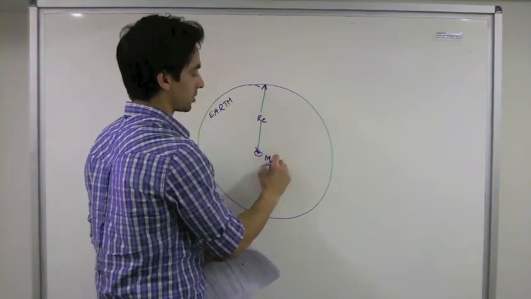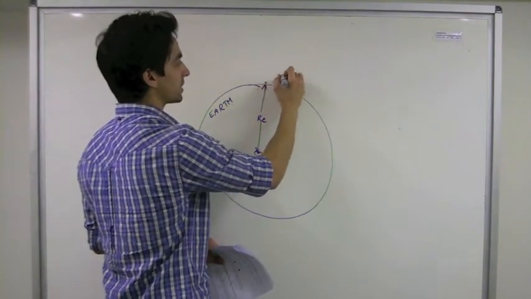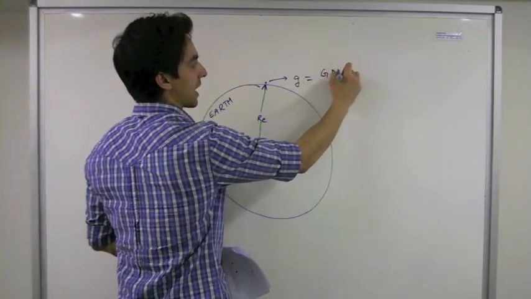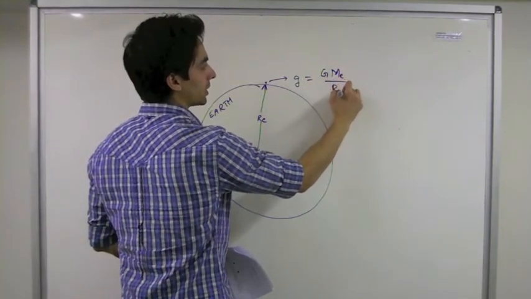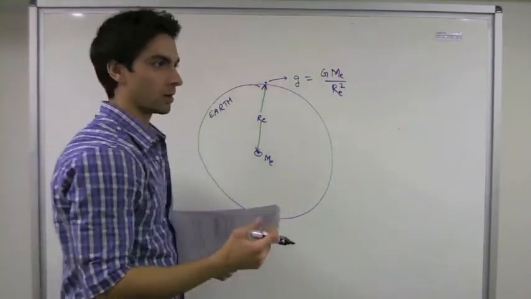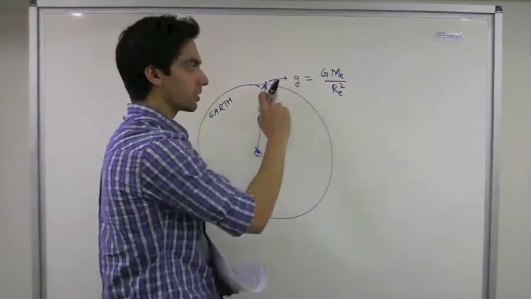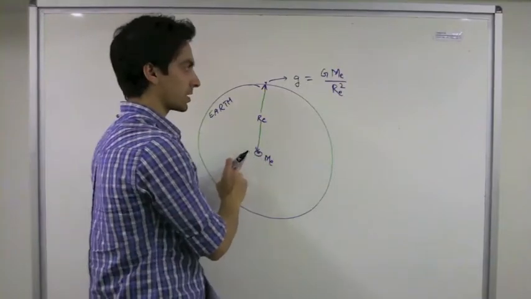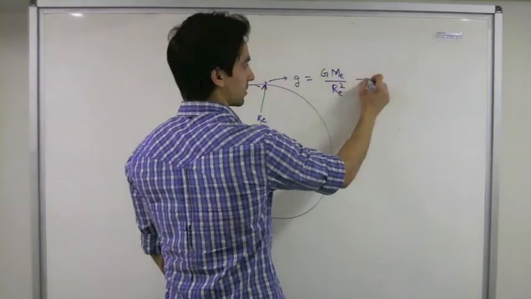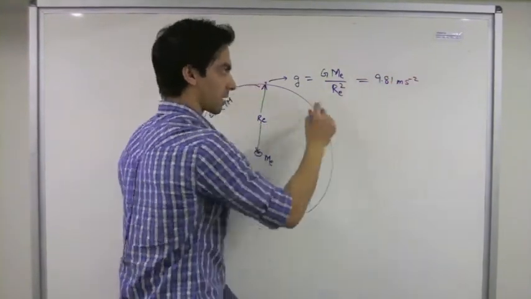So for a point here, the gravitational field strength g will be given by G m_E over r_E squared. From the previous part, you know that this is also the acceleration caused by the gravitational field at this point, which is at the surface of the Earth. And we know that that value is approximately 9.81 meters per second square.